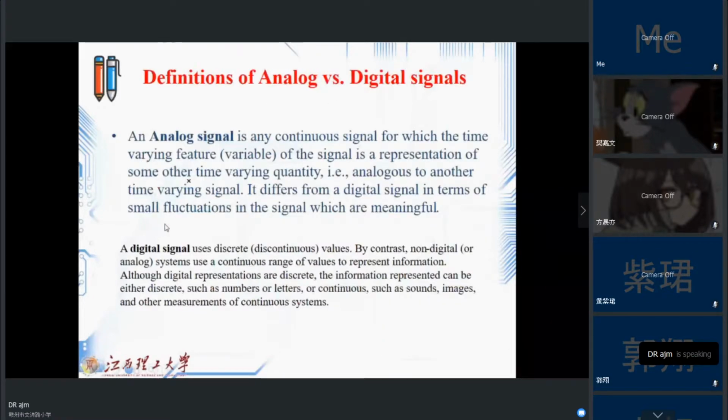First of all, you should know that an analog signal is any continuous signal. What I mean by continuous is that between 0 and 1, even as they told us in elementary school, there are lots of numbers.